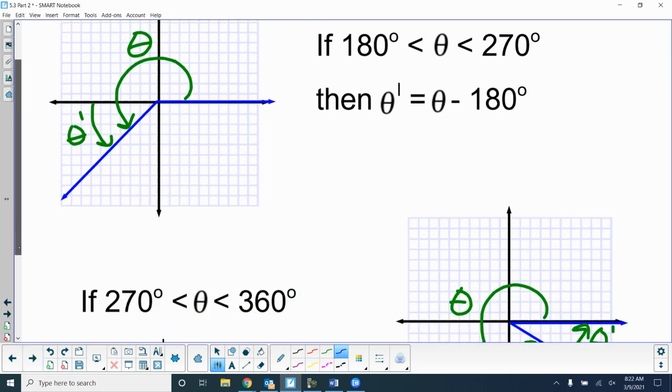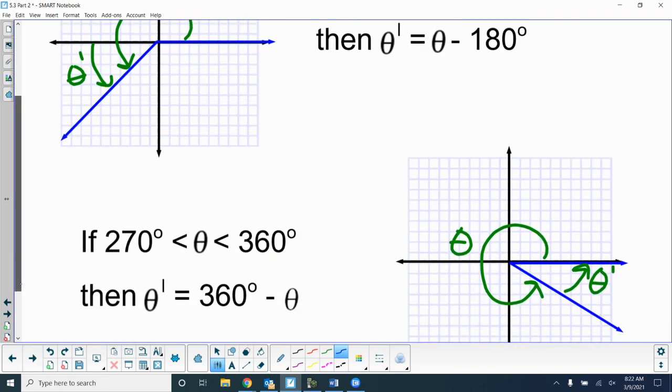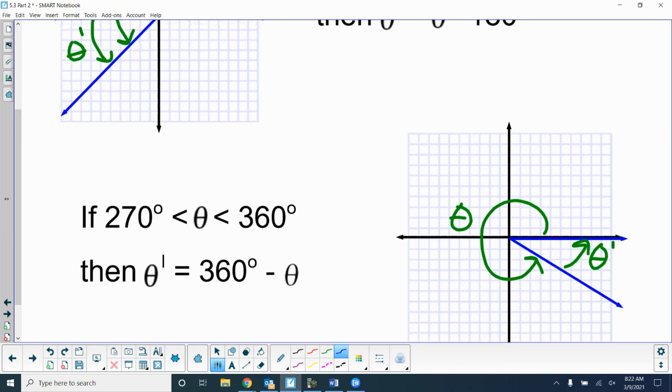That little mark next to theta stands for reference. If we're in the fourth quadrant, we're between 270 and 360. Remember, the reference angle is always between the hypotenuse side and the x-axis, back inside there. So this is going to be 360 minus whatever they give you. If we're at 300, inside there's 60 degrees. That's the reference angle.